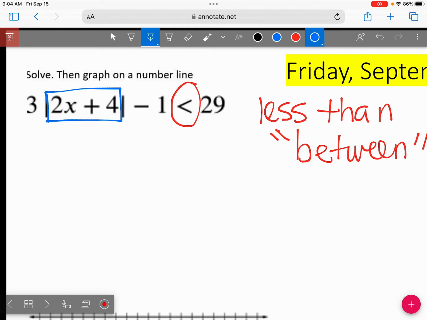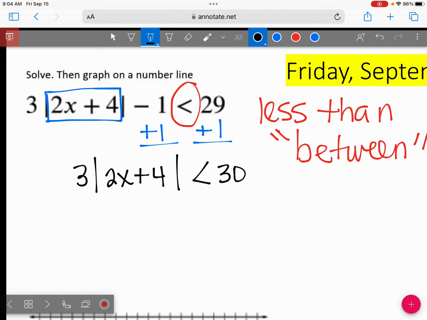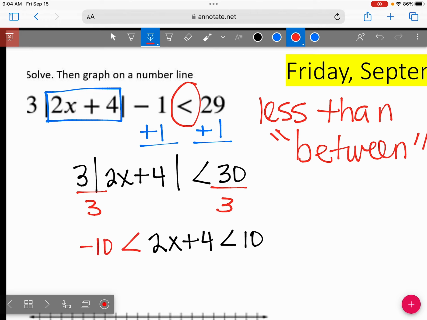So when you add 1, we have 3 times the absolute value of 2x plus 4 is less than 30. And then you're going to divide both sides by 3. So that gives us the absolute value of 2x plus 4 is less than 10. And on the other side, you're going to put another less than and a negative 10.